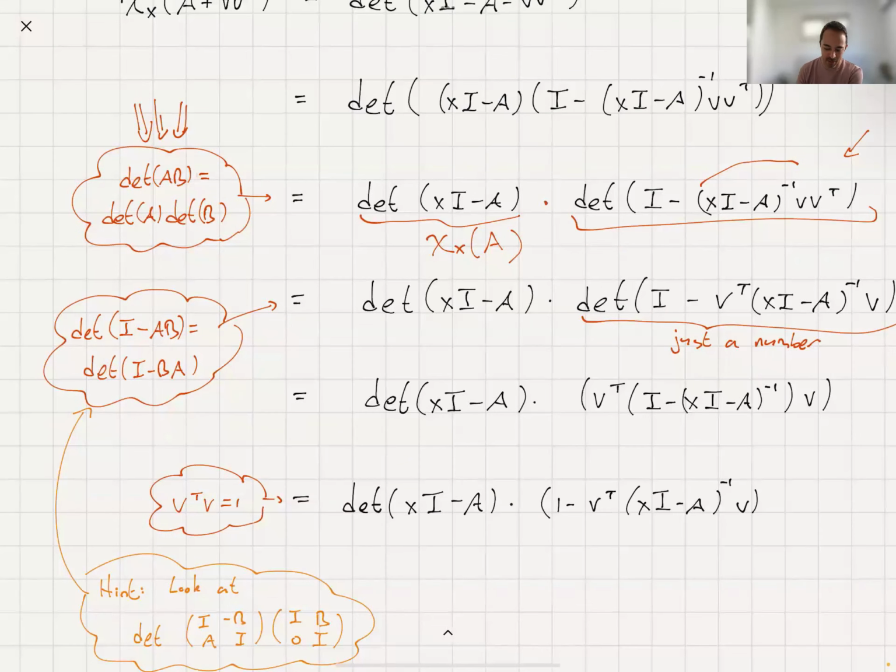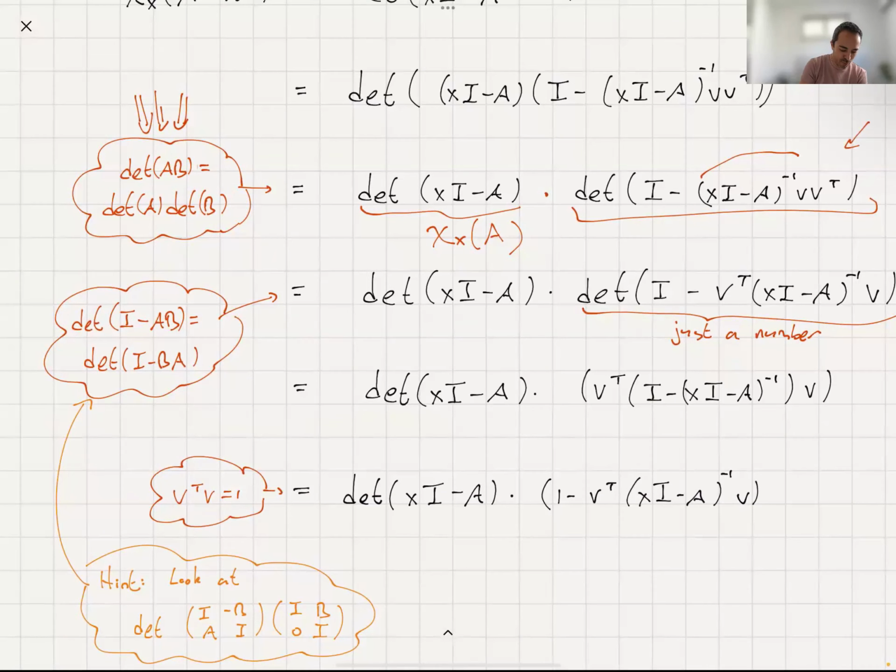As I said, you have some nice little theorems from linear algebra here. One proof of that: the hint is to look at the determinant of the product of these two matrices, and use this. Compute the determinant of these two matrices once in one order and once in the other order, and when you multiply these two matrices, you'll get I minus AB and I minus BA. But anyway, I'm going to take this on faith.